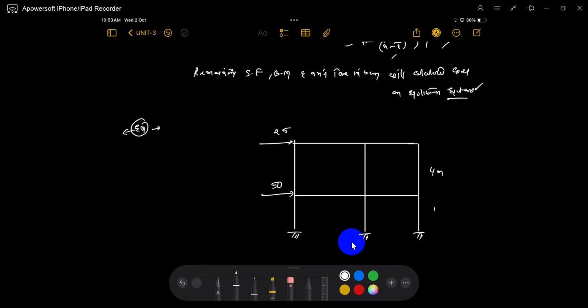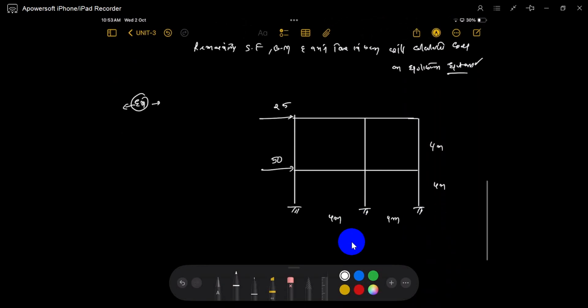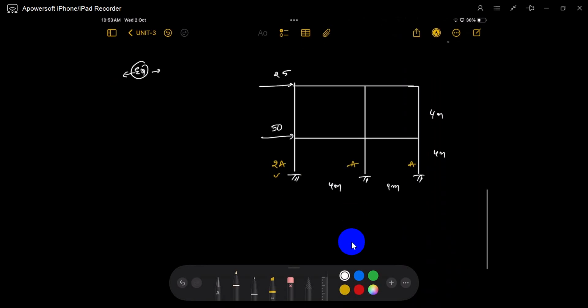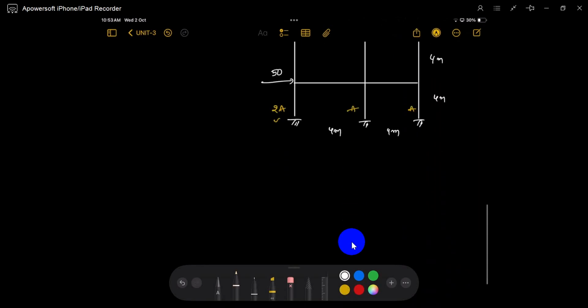This is 4 meters, this is 4 meters, this is 4 meters, this is 4 meters. And the area of the columns also matters in this method. So I will give 2a, a and a. That means the area of this column is 2 times the remaining 2 columns. So how can you proceed? We just turn the frame by 90 degrees.